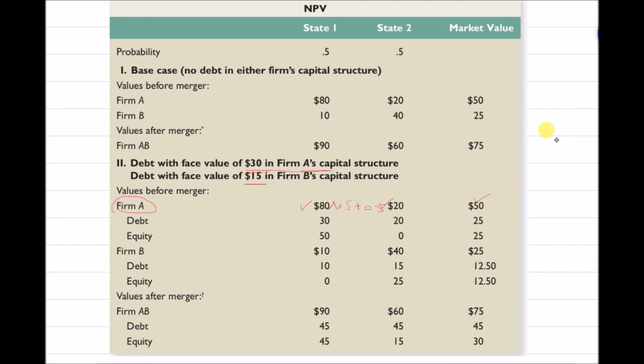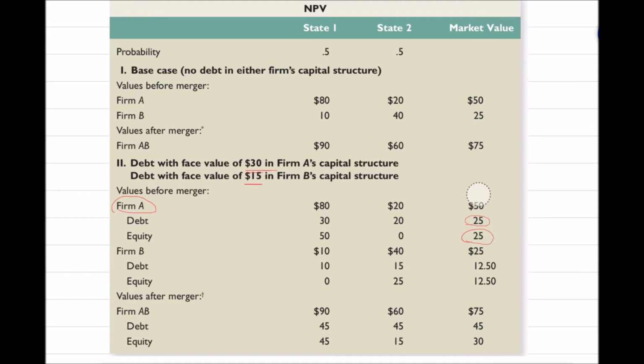So before the merger, firm A has debt of 30 in state 1 and debt of 20 in state 2. By adding them, we will have market value of debt of 25. And equity, $50 plus $0 in state 2. Therefore, the total equity will be 25.